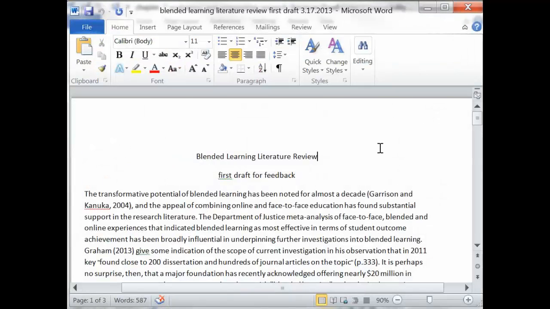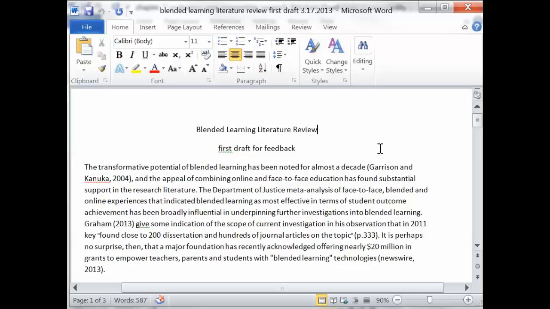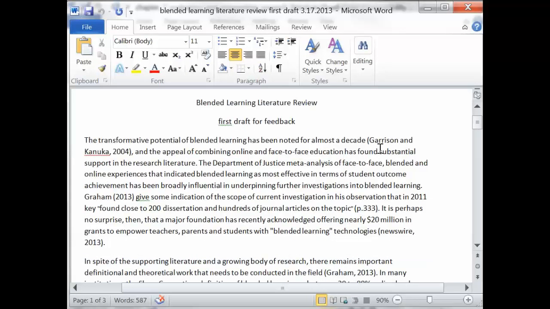So the points that Morgan raised, and this is something that will be helpful in the critique phase of the literature review, were that this statement, the Department of Justice meta-analysis, was phrased in terms that she didn't completely agree with, as she has read the article as well, and so she wanted to have a note to check that.